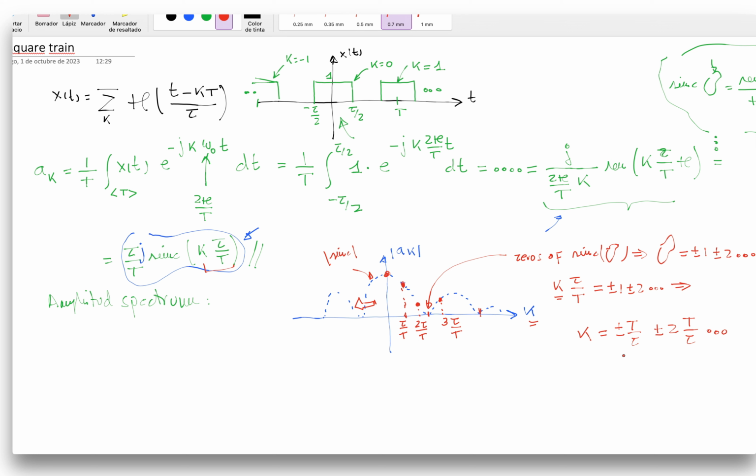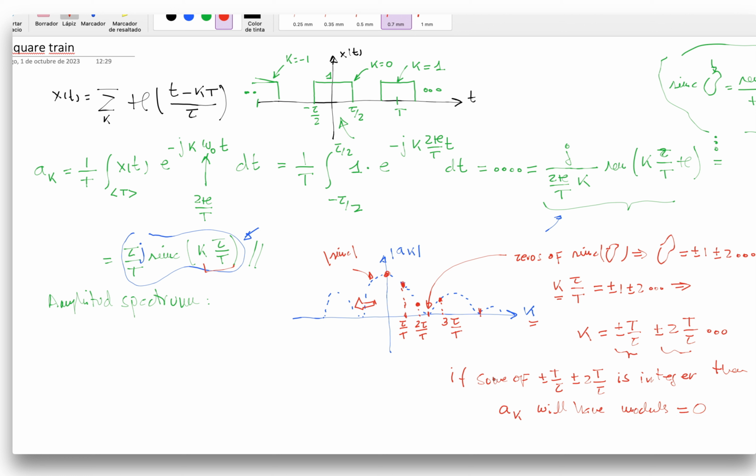So if it happens that some of those values, plus or minus capital T divided by tau, plus or minus 2 times capital T divided by tau, are integers, then the corresponding coefficient a sub k will have modulus equal to 0.